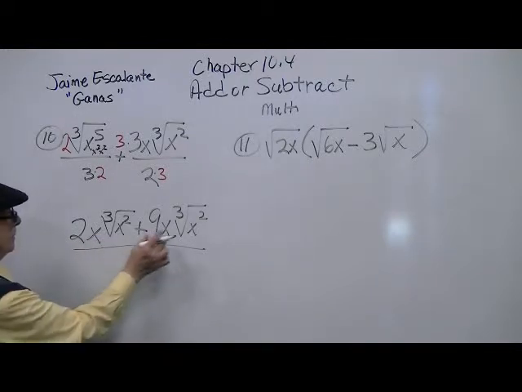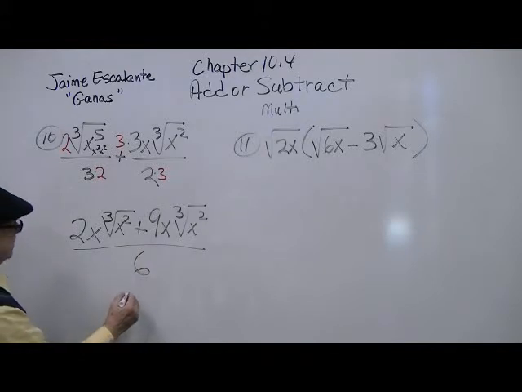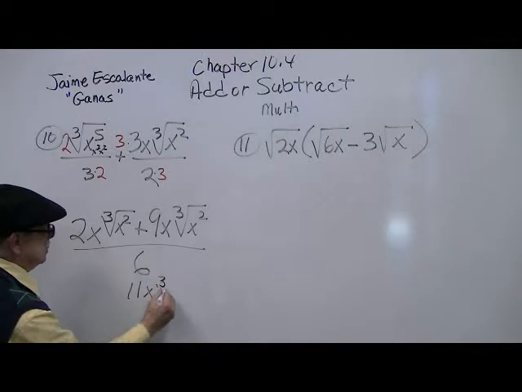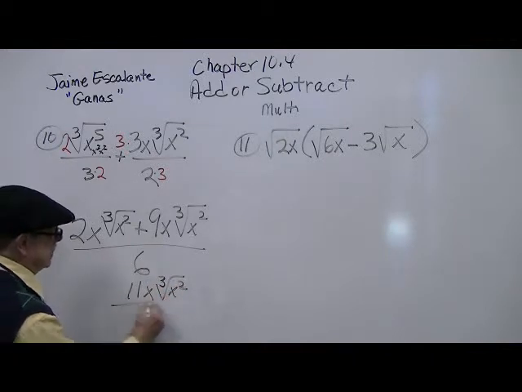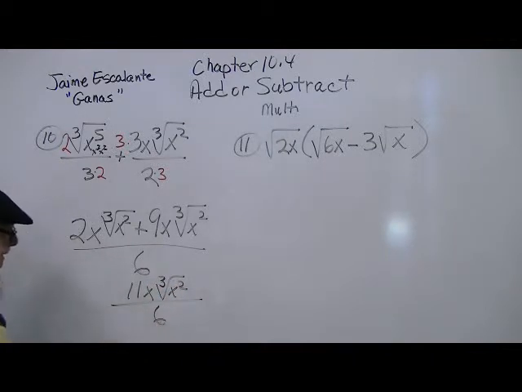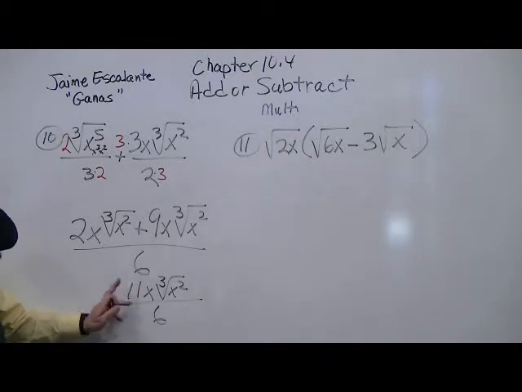We now have like terms, so this will give us 11x, the cube root of x squared, all over 6. Every once in a while, you're going to find that if this were a 12 here, the 6 and the 12 would cancel out. They would want you to simplify that.